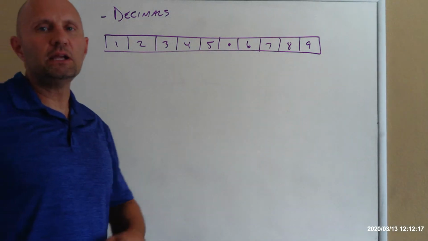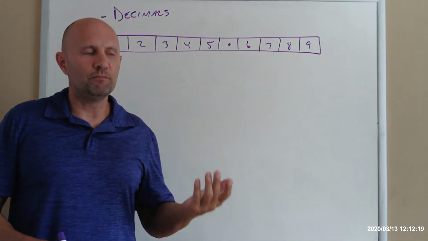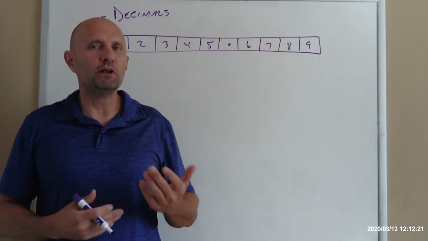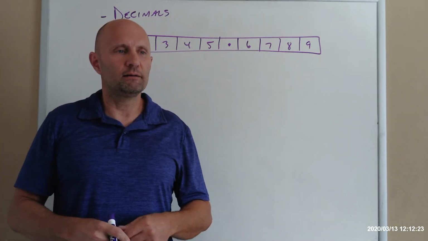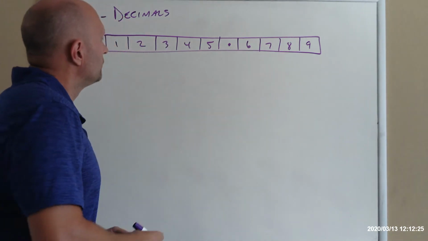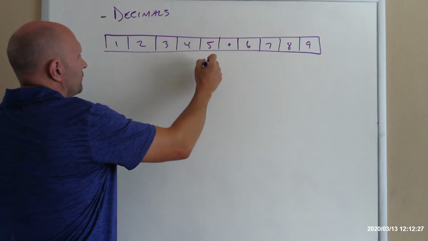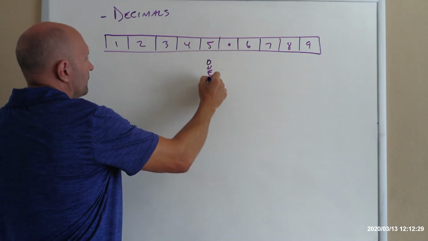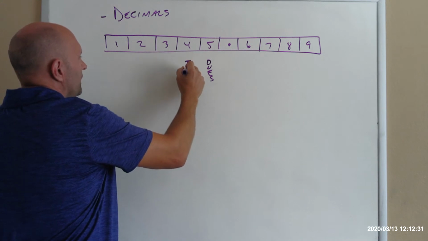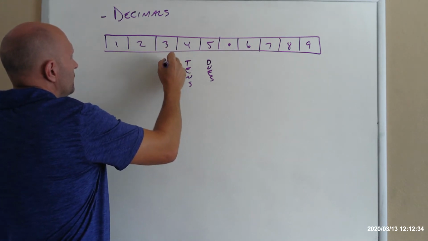So you guys are going to need to know which number is in which unit. So the 5, this is the ones column. The 4 is in the tens. 3 is in hundreds.